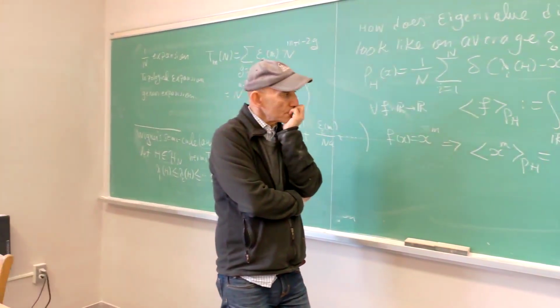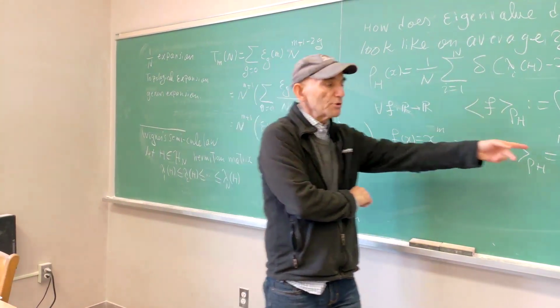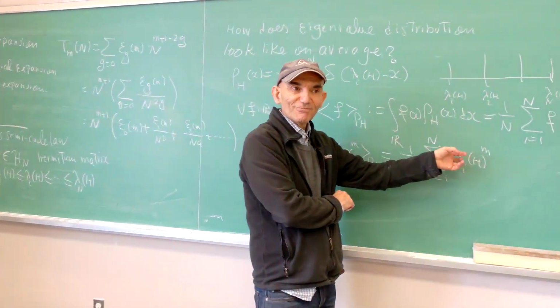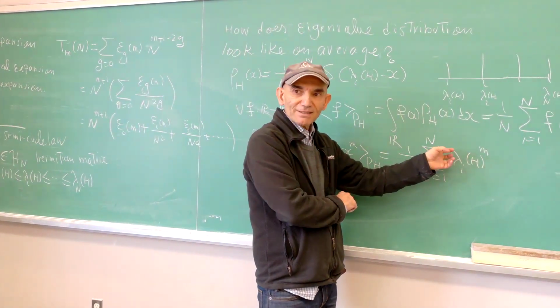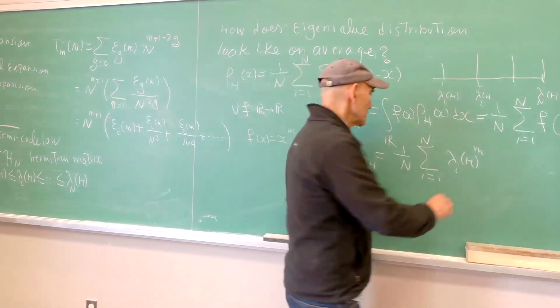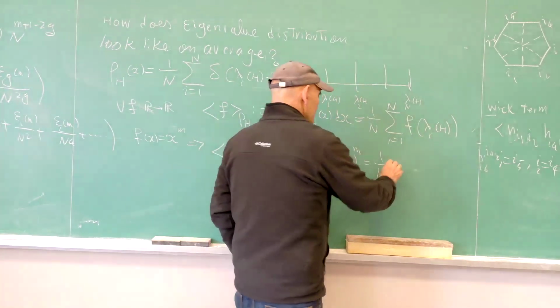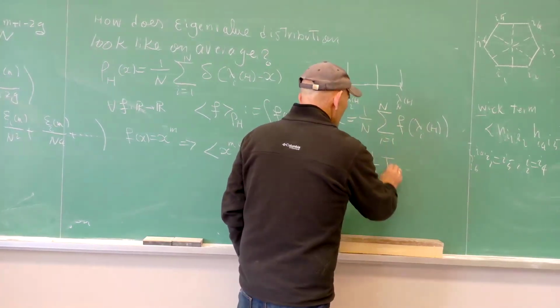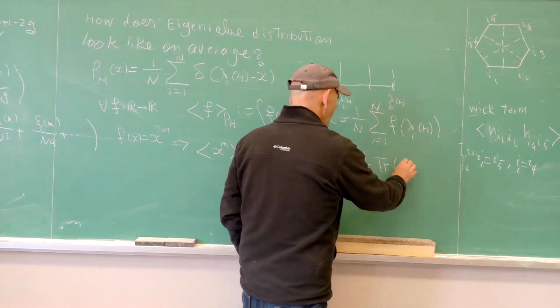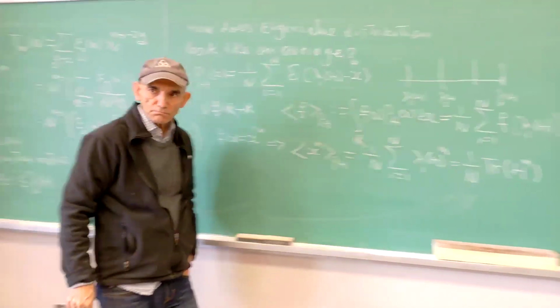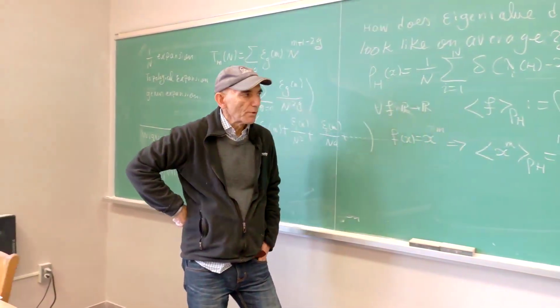But this we know what it is. This is the trace of H to the power m, the sum of powers of eigenvalues. So this is equal to 1 over n times the trace of H to the power m.